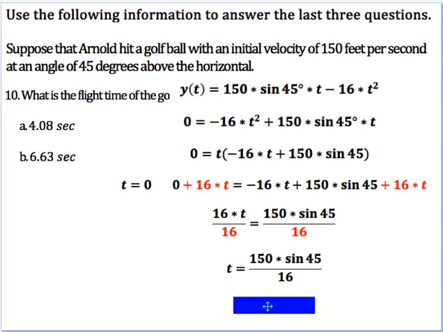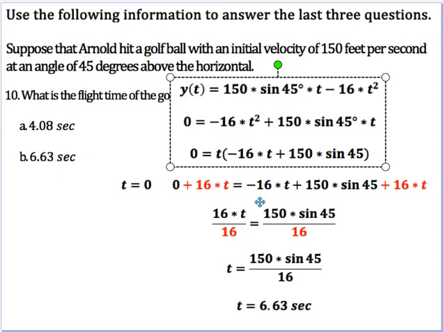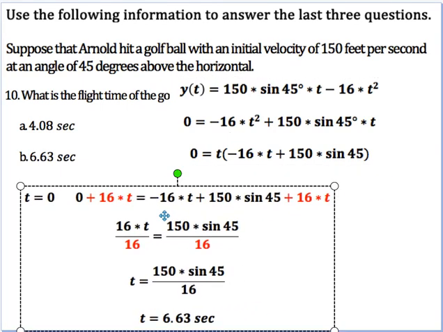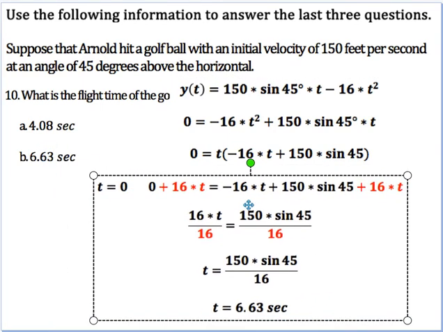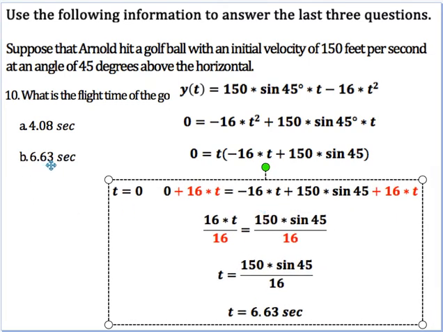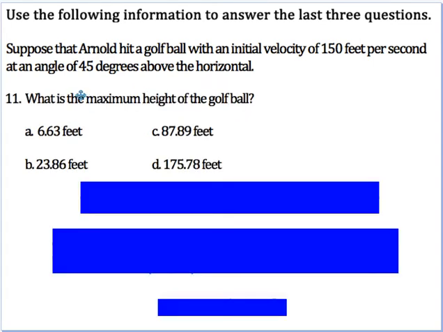We've done this a ton of times, guys. Just plug it in. Make sure your calculator is in degree mode before you plug that in. Okay, and then the t value that we finally get is 6.63 seconds. And look, I don't even have to cover up the other 2 answer choices, so my answer is B there. Now that I know that the flight time is 6.63 seconds, I can go on to the next question.